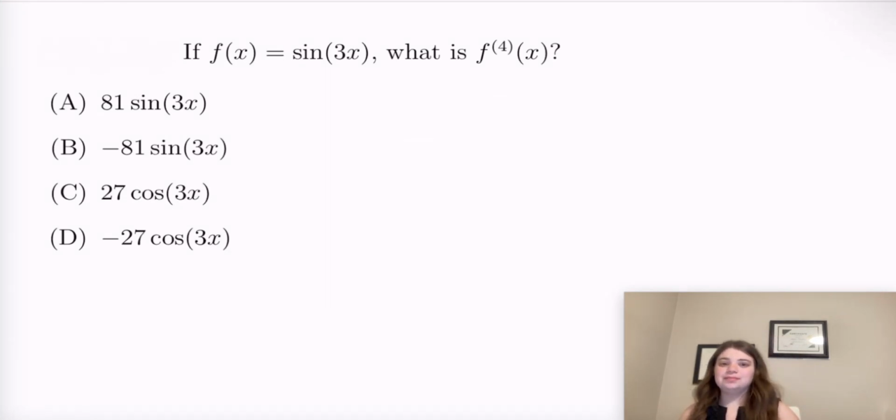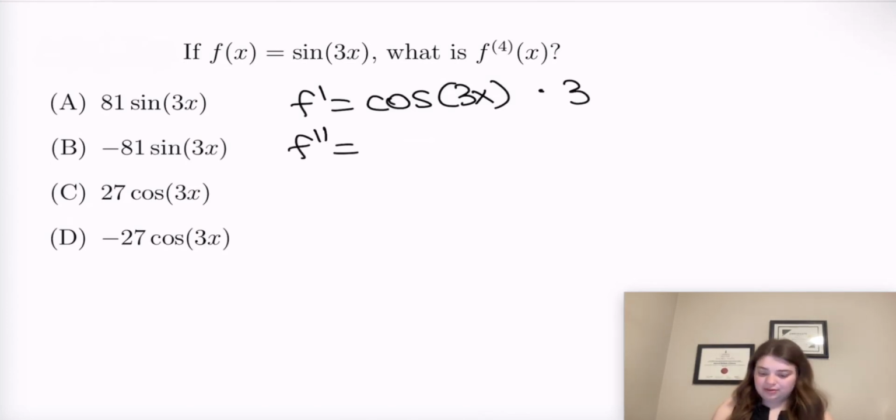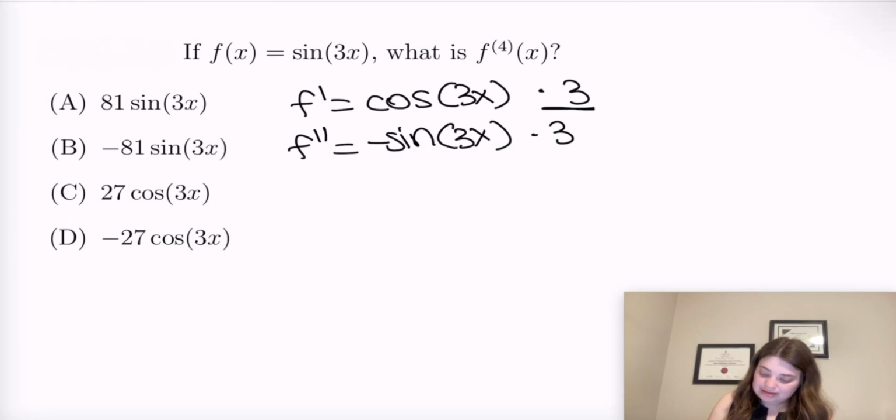We have to multiply it by the derivative of 3x, which is just 3, right? So if I take the first derivative, I'm going to get cosine of 3x and then times 3. If I do it again, what's after cos in the cycle? Well, that would be negative sine, so negative sine of 3x, and then times 3 that we have here, and then times another 3, because I take the derivative again.